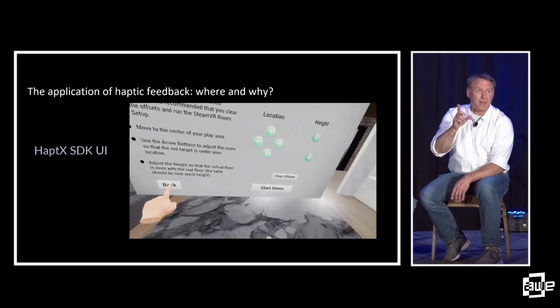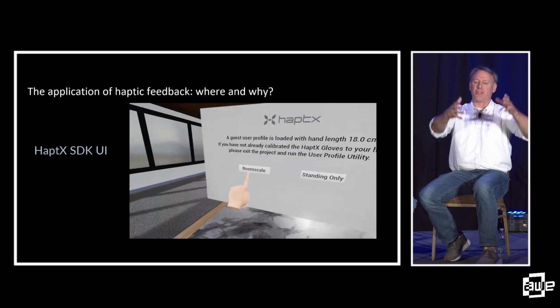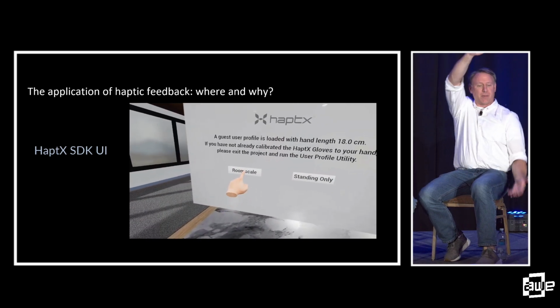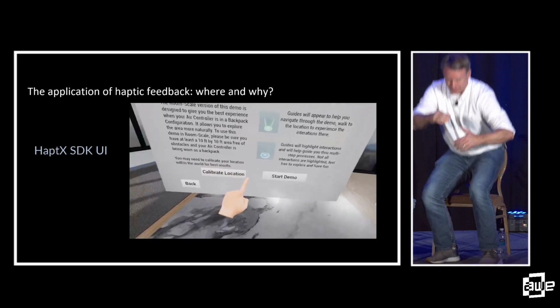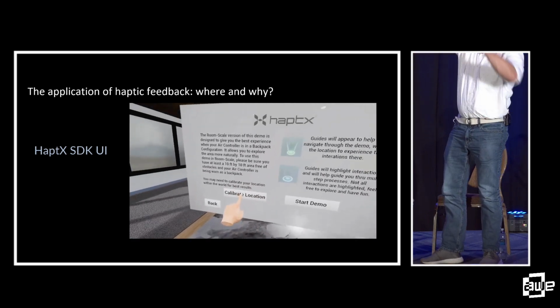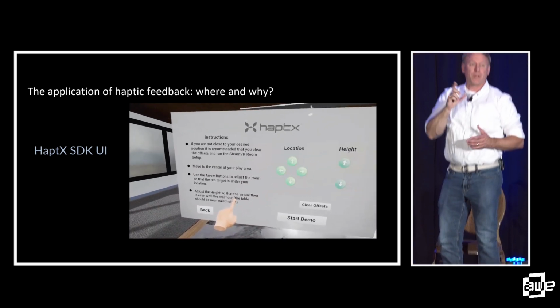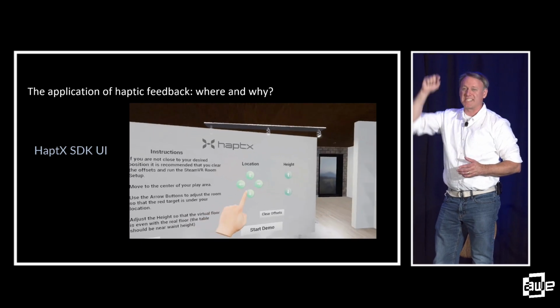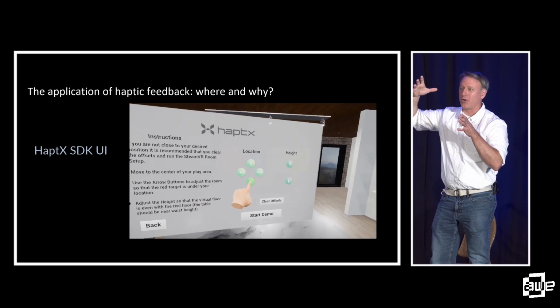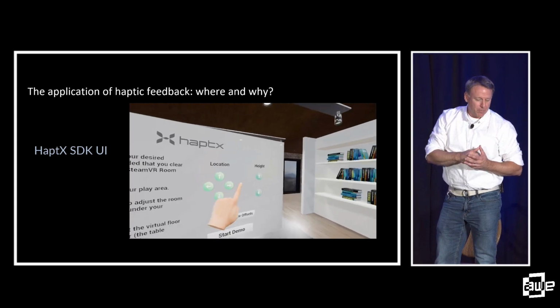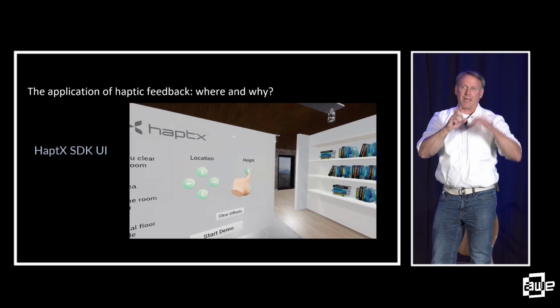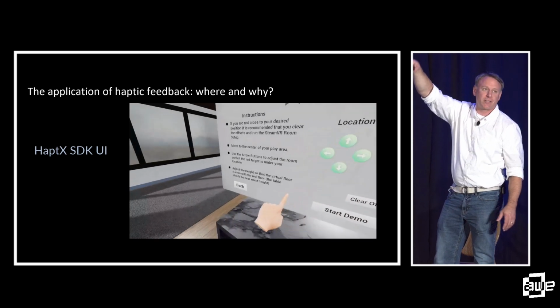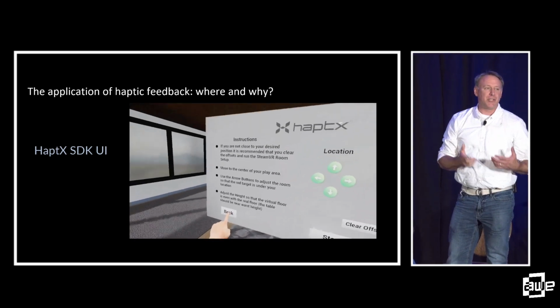For example, the fuel injectors on these machines are huge. They're this big in diameter, about this tall. When you're standing next to the engine and you pull this thing out, there's a point where you're supposed to check the quality of the cylinder you just took that out of. Before HaptX gloves, you would have to take your controller with your virtual hand and put it in there, and you're like, okay, I checked the cylinder. You checked off the box, but you didn't actually check it.